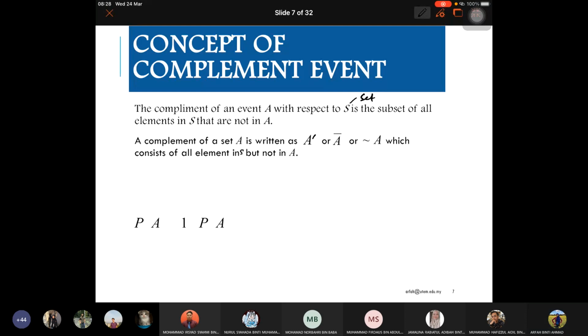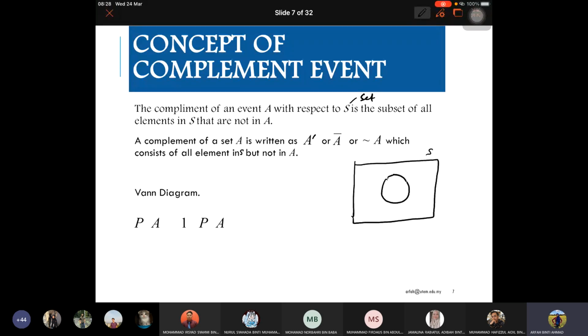So ini adalah dia punya Venn diagram. Contohnya kita ada satu set S dan kita ada element A. Okay. So ini adalah A. So anything that is luar A yang saya lorekkan ni, this one is the complement of A, A prime or A bar atau curly A. So ini adalah complement, pelengkap, set pelengkap.